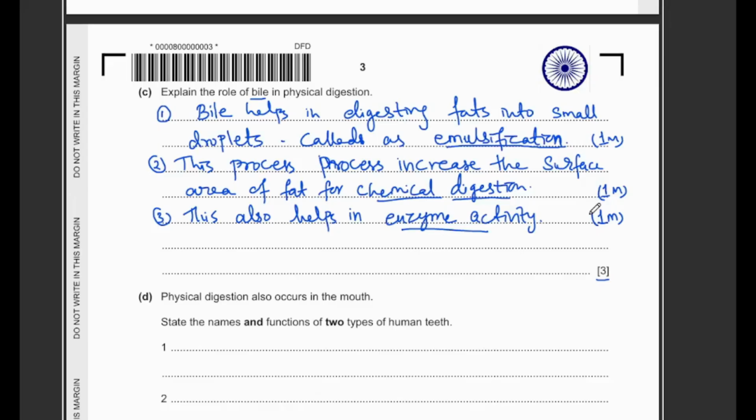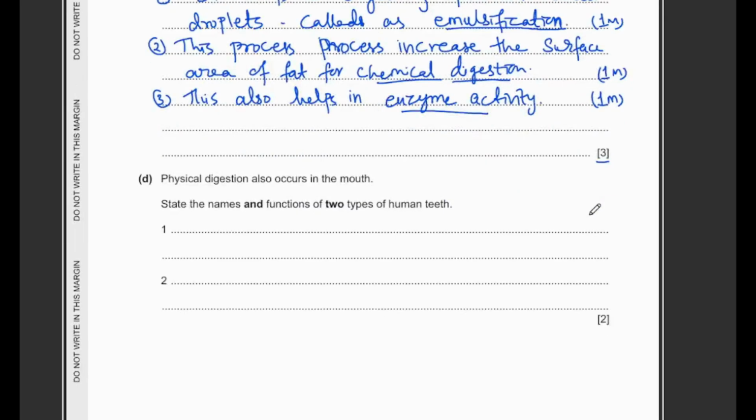Now physical digestion also occurs in the mouth, that is breaking down of the food, chewing. State the name and functions of 2 types of human teeth. They are independently asking any of it. While we were revising the core paper, I explained to you that the dental formula of human teeth is incisor, canine, premolar and molar.